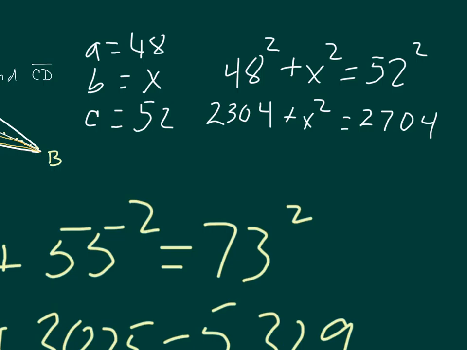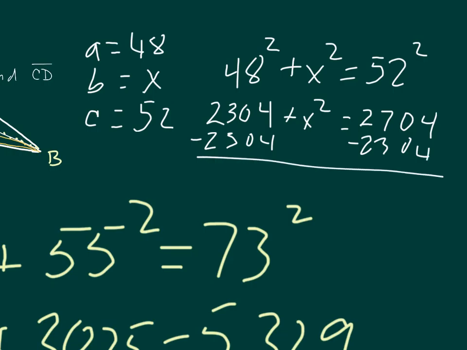Now that I've squared both numbers, I'm going to subtract 2,304 from both sides so that we can get x by itself. This leaves us with x squared equals 400.